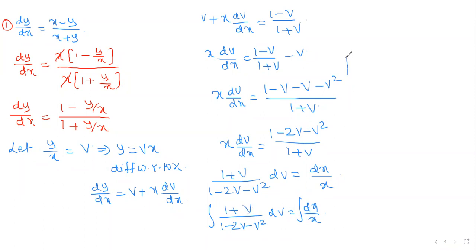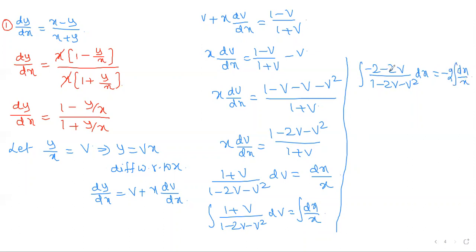For that, multiplying with minus 2 on both sides, then integral of (minus 2v) by (1 minus 2v minus v square) dv is equal to integral of minus 2 dx by x.